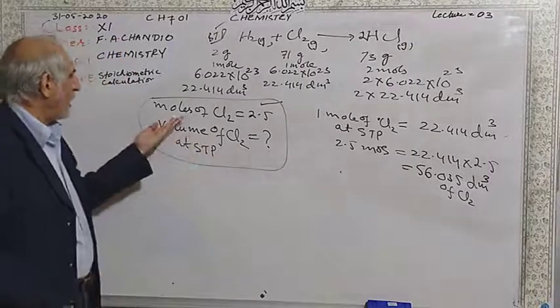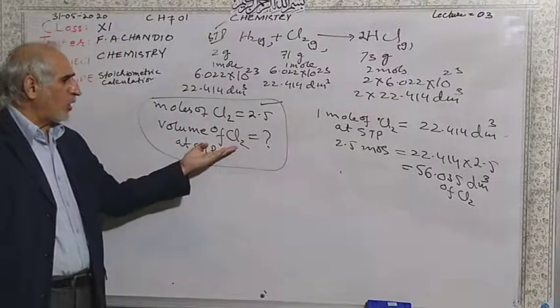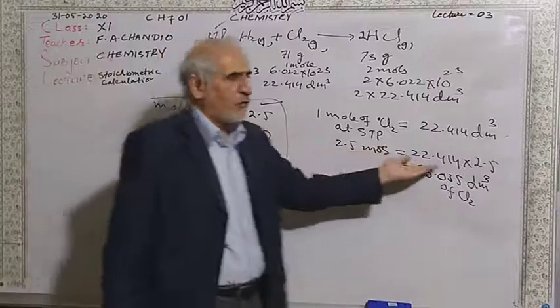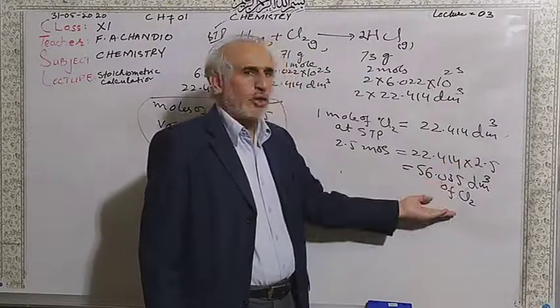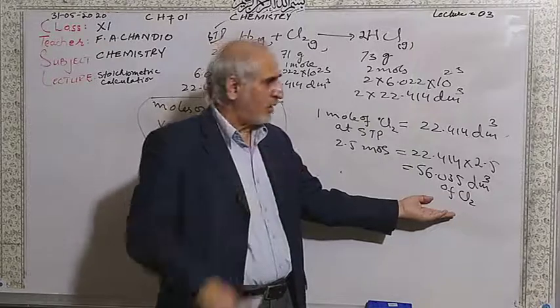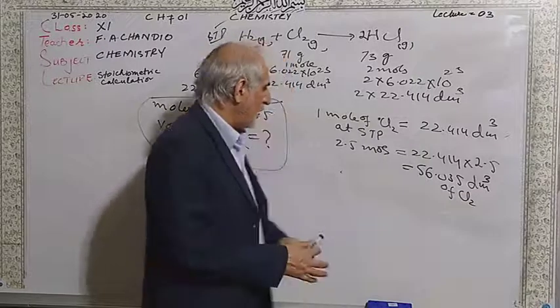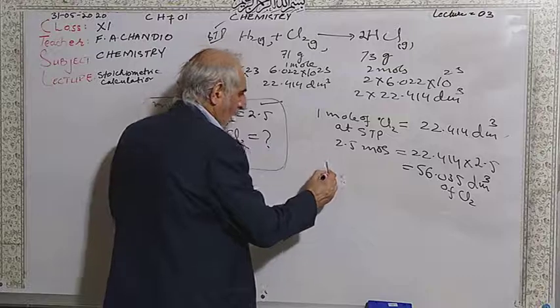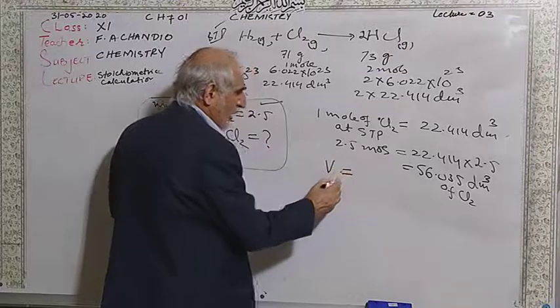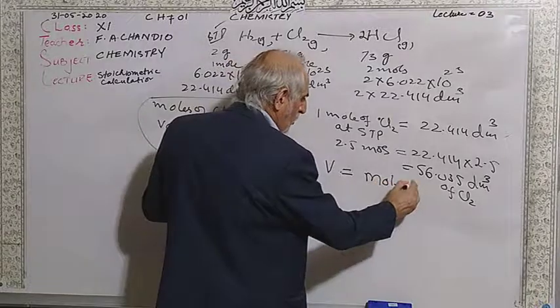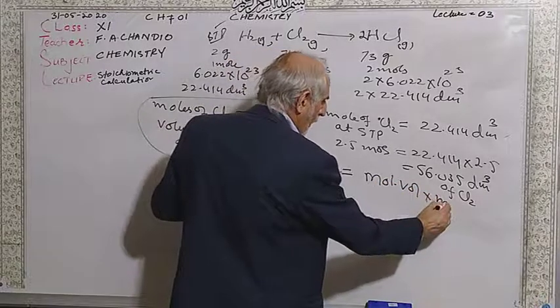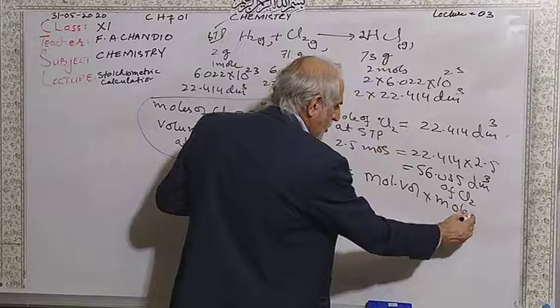You just have to multiply. If moles are given and you have to calculate the volume, multiply by the molar volume. Molar volume multiplied by moles gives the volume of the gas, and vice versa. Volume of the gas equals molar volume multiplied by moles.